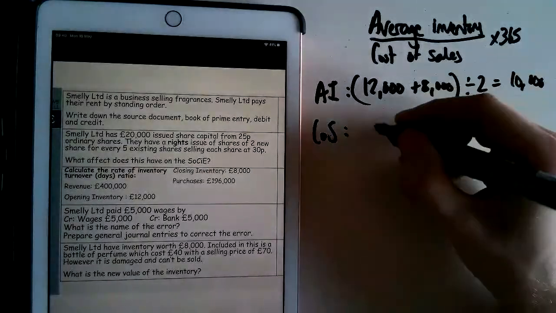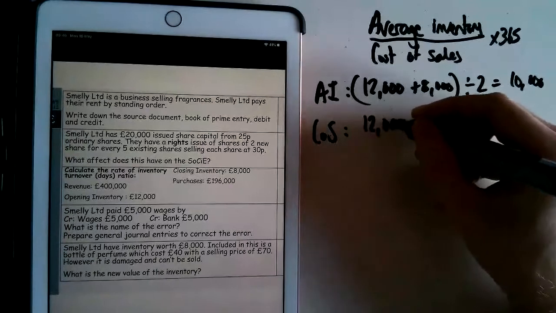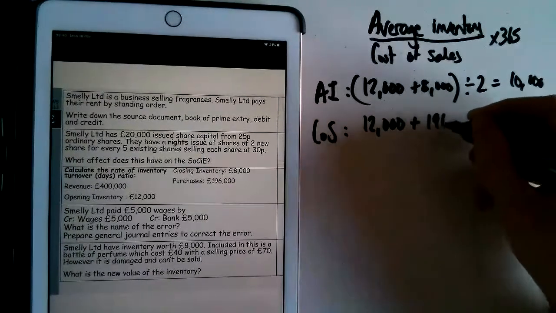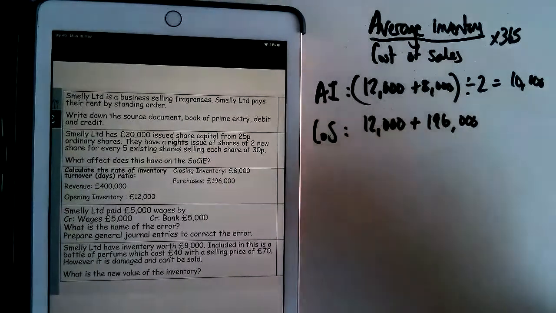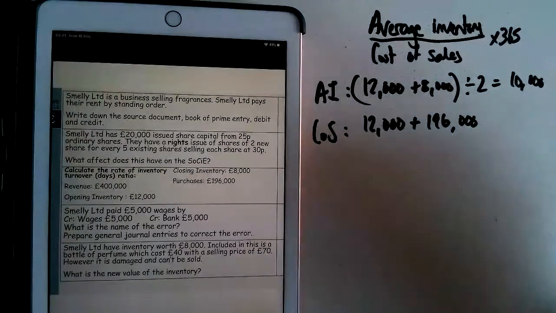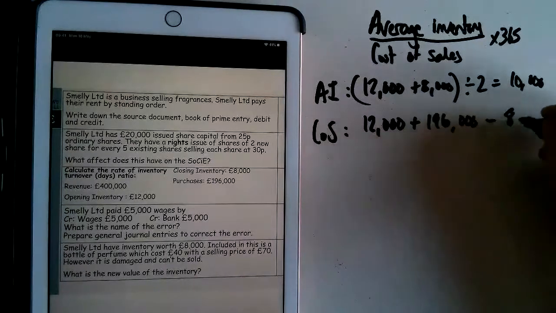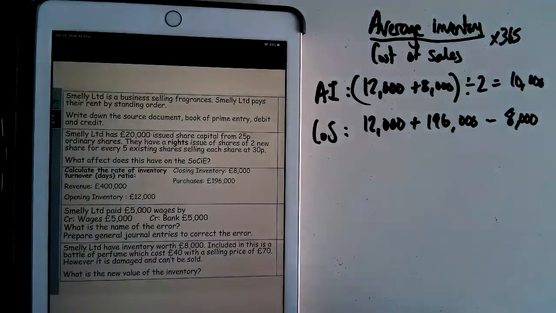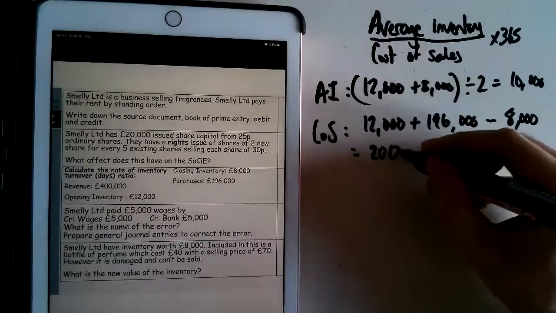Then we need to work out the cost of sales. So that's opening inventory plus purchases. There's no returns, there's no carriage inwards, nothing like that. So I just take away the closing inventory, and I'm going to use my calculator for that. So that's 200,000.